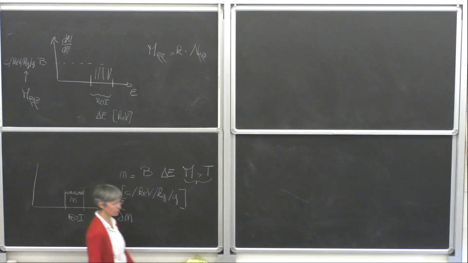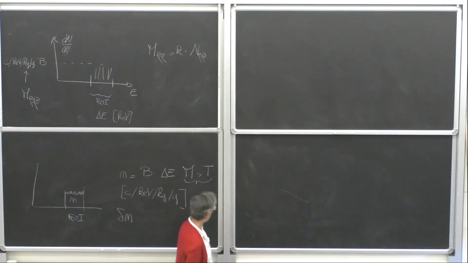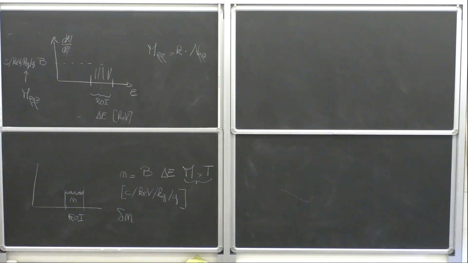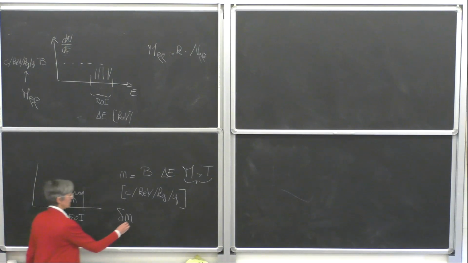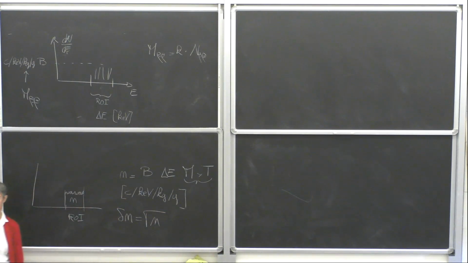A statistical fluctuation of the background, if this number is high enough, is measured by the square root. And you may remember that this is what is called the Gaussian approximation.